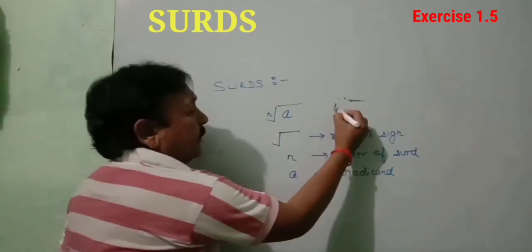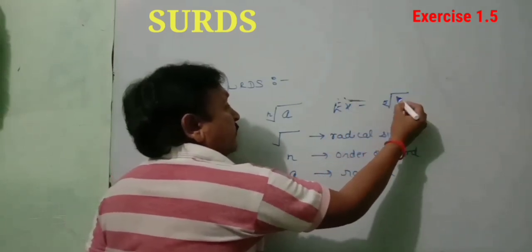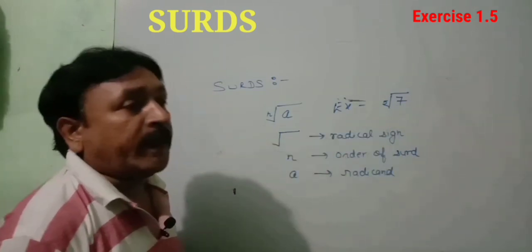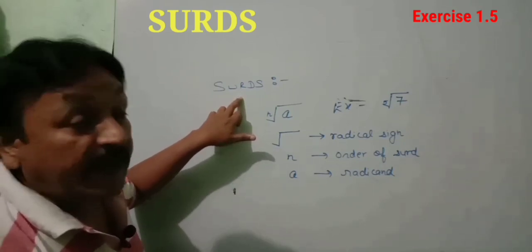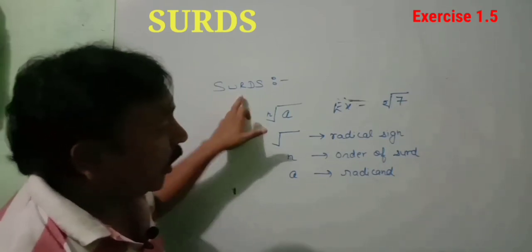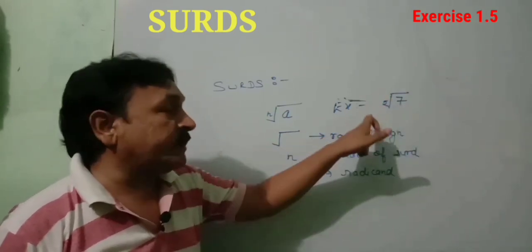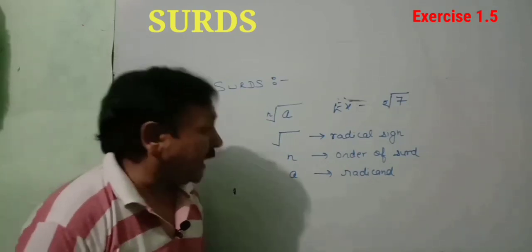We can take an example: this is the fifth root of 7. It is called a surd. And always remember one thing, that a surd is always an irrational number, because the number inside this root will never come outside, so a surd is always considered an irrational number.